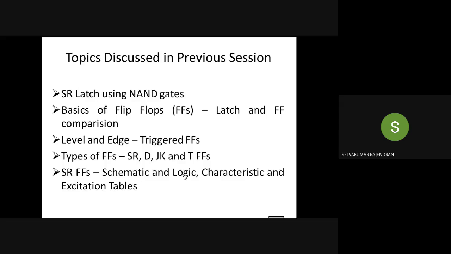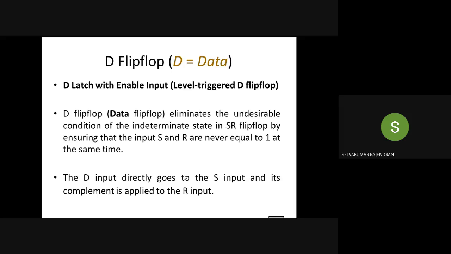So in this session we will start with the second type of flip-flop, called D flip-flop, or data flip-flop. D stands for data. So it is a D latch with enable pin. Actually we are constructing the flip-flop using a latch element.